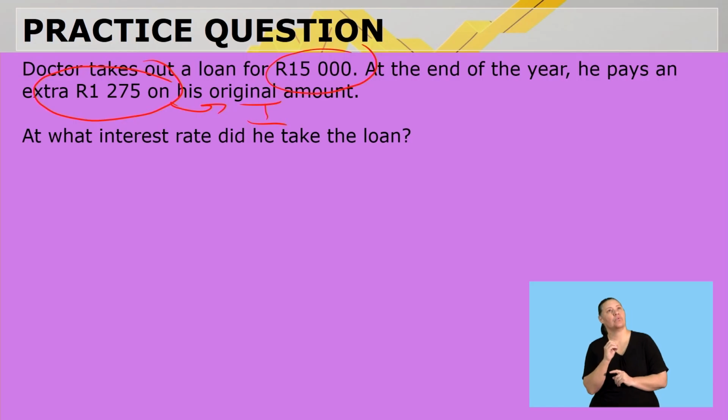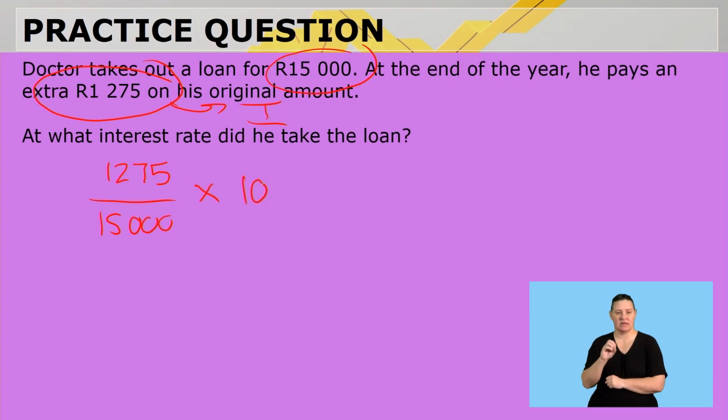So it's going to be my interest that I earned, 1,275, over my initial value, 15,000, times 100 to get it in a percentage, and that is 8.5%.